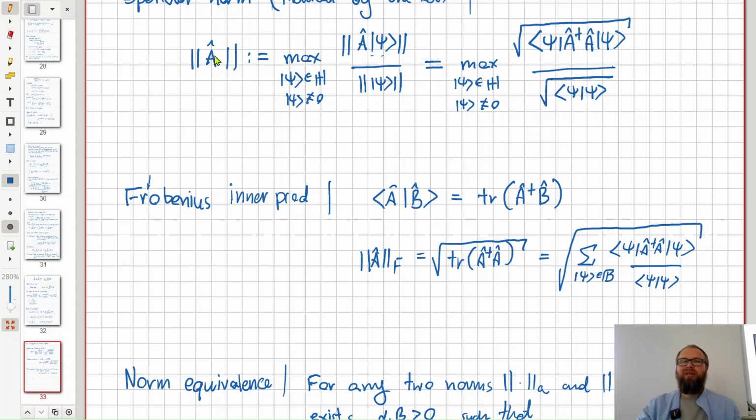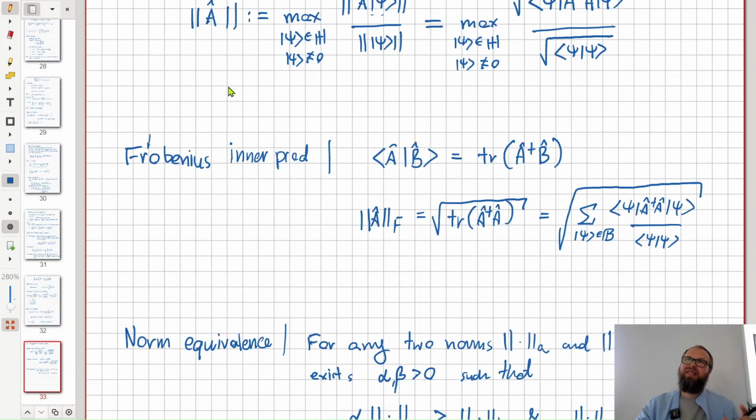The inner product on the top is defined by the Hilbert space of the states, and on the bottom the inner product is defined by the Hilbert space. This is a norm for operators, on the operator space. It uses the vector space as part of its definition, but it is a norm for operators.